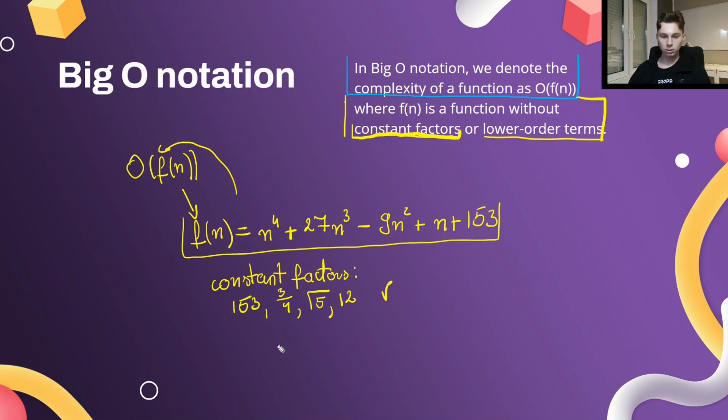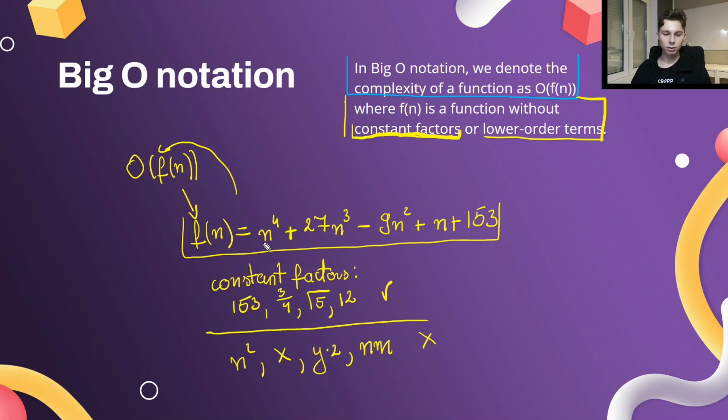These all are constants. But n squared is not a constant, it's a variable. X is also a variable. Y times z is also a variable. And m is also a variable. So they are not constant factors. So now we know what are constant factors, and we need to remove them from this function definition.